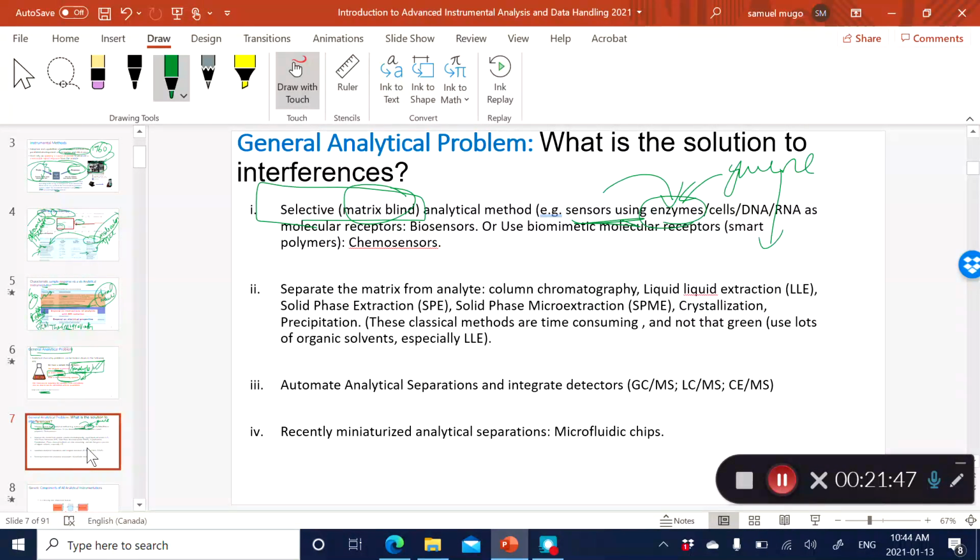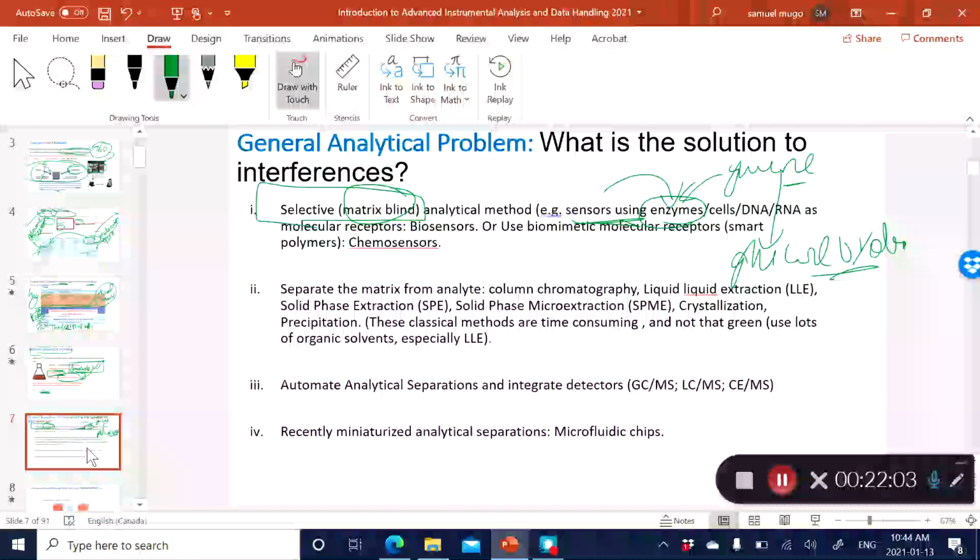If you take glucose oxidase, it only oxidizes glucose and doesn't oxidize anything else. And hopefully, from that type of chemistry, you can find a way to quantify the amount of glucose that is present. We're going to talk about that later on.